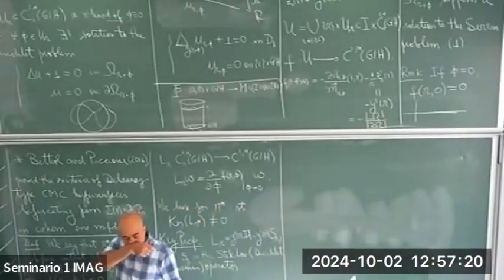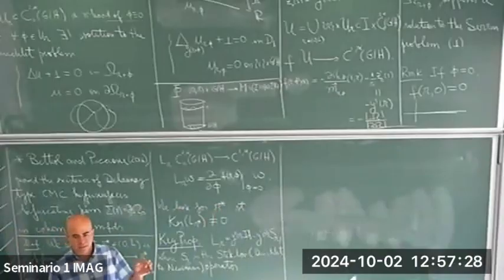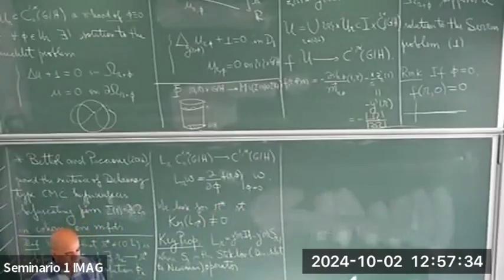Let's say that the proof has a trick, of course, and the trick is in the paper, many papers. But that's interesting because it's not easy to compute.